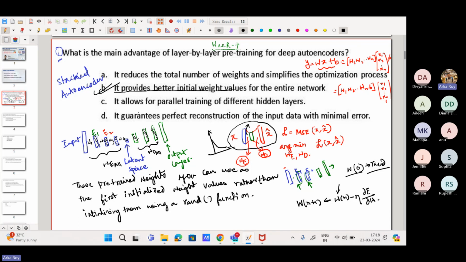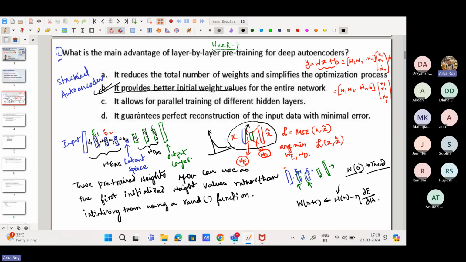Because this is a coursework, we are not doing extensive research based on papers that are coming now and then. We need to consider the base paper, and at that time we didn't have the notion of parallel training of these different hidden layers. So option C is incorrect.